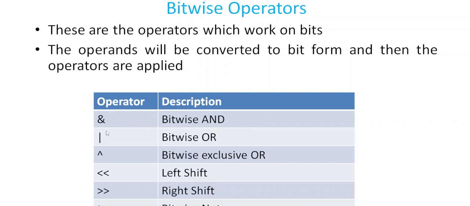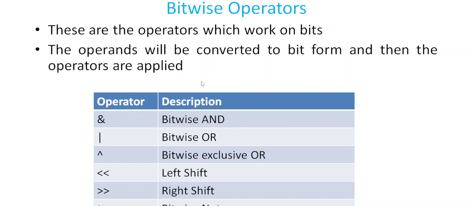Bitwise operators: AND operator, OR operator, exclusive OR operator. You might have studied this in computer organization. Otherwise, exclusive OR operation means if bits differ, the value is 1. If bits are the same, the value is 0.